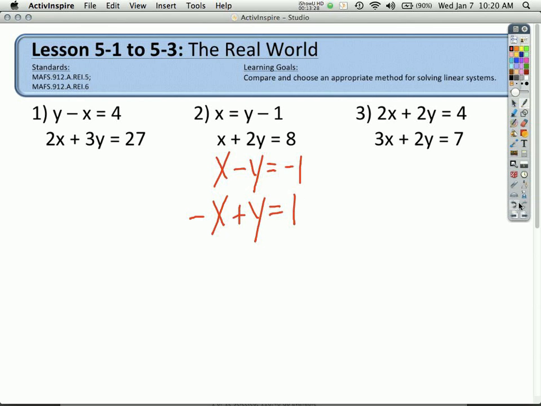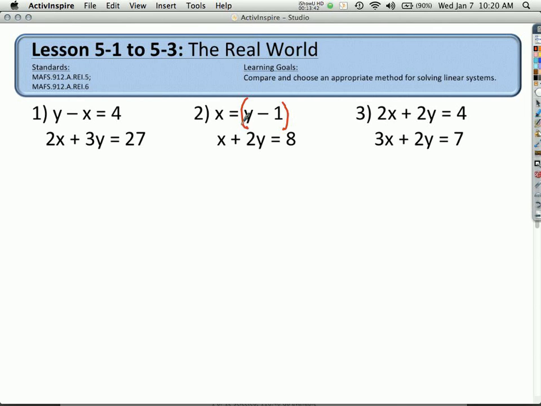Okay. But, so everyone's shying away from substitution, and I understand why, because it's challenging. But it's also very effective. When you have this set up, that means x is equal to that expression, and all you have to do is take that expression and plug it in right there. And look at what all you had to do. Y minus 1 plus 2y equals 8.